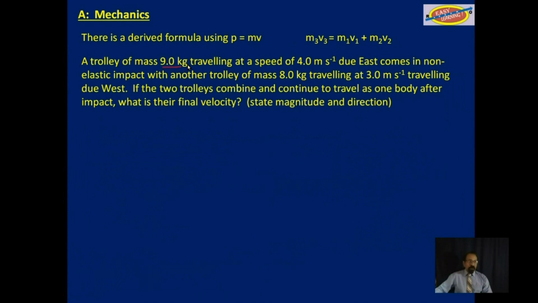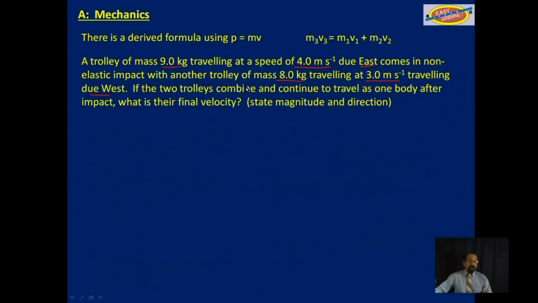A trolley of mass 9.0 kilograms traveling at a speed of 4 meters per second due east comes in non-elastic impact with another trolley of 8.0 kilograms traveling at 3.0 meters per second due west.